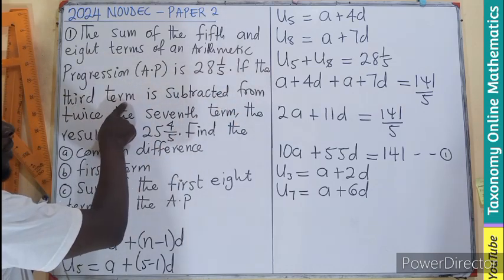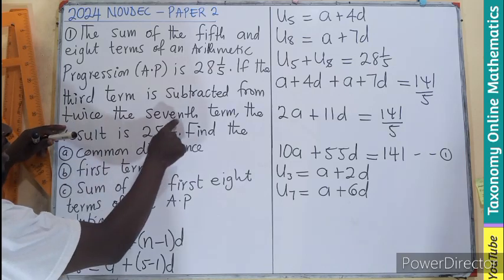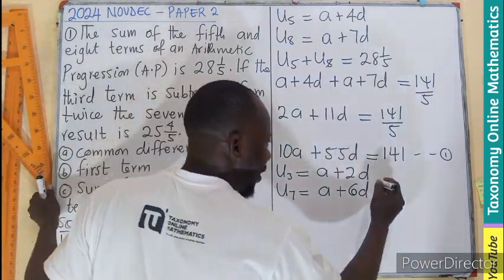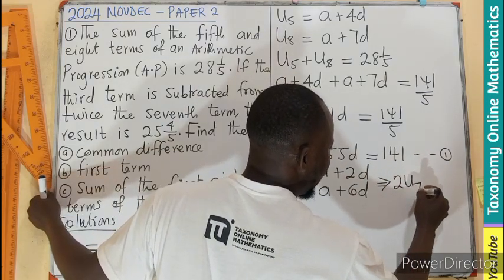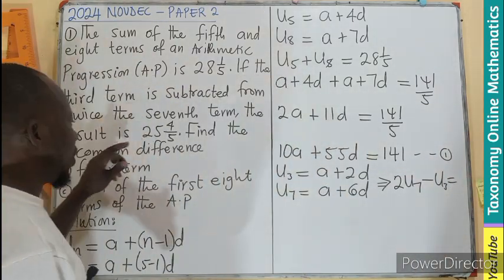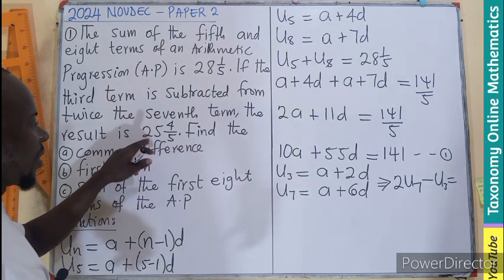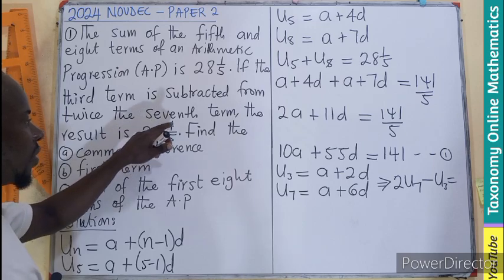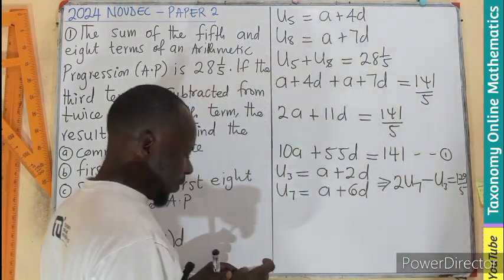If the third term is subtracted from twice the seventh term, then twice the seventh term minus the third term gives 25 4/5. That is 5 times 25, which is 125, plus 4 is 129, so 129 over 5.